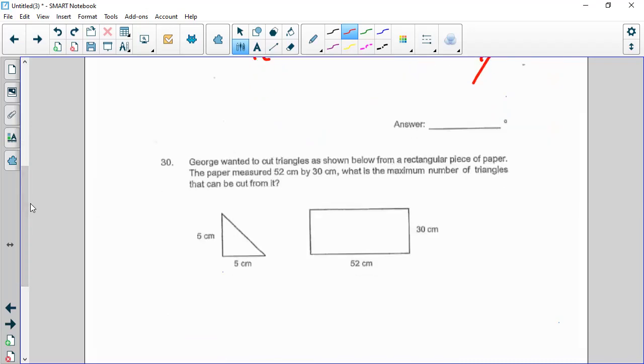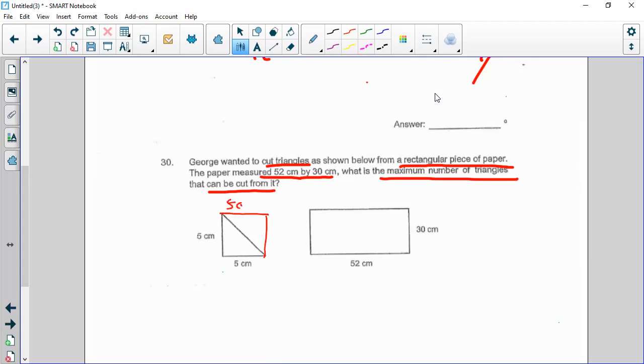Now, question 30. George wants to cut triangles as shown from a rectangular piece of paper. The paper measures 32 cm by 30 cm. What is the maximum number of triangles that can be cut from it? Okay, what do you do? You can help yourself by creating a square, which is easier.